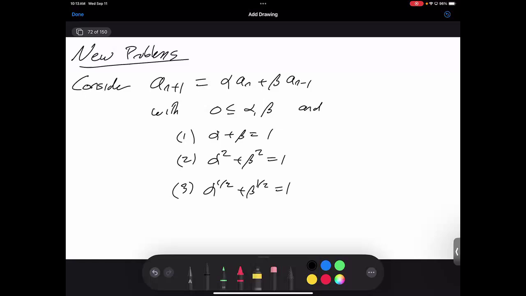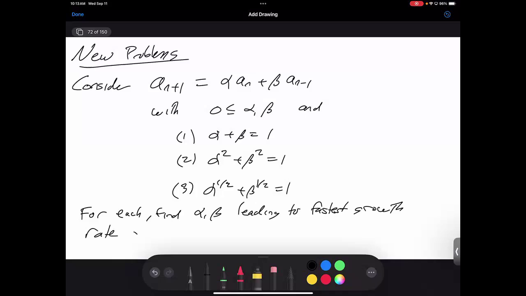For each of these, you can play the game we played a moment ago. For each, find alpha, beta leading to the fastest growth rate of the sequence a_n.